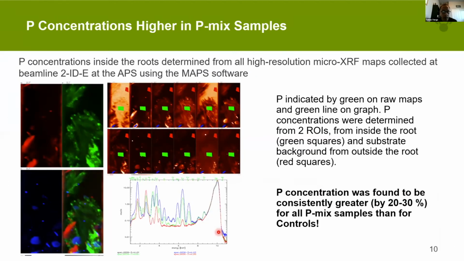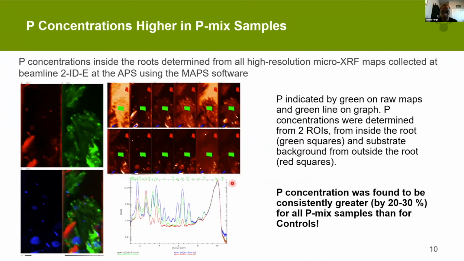Before I go there, I also wanted to report that using another beam time at the APS, Advanced Photon Source, Beamline 2-ID-E, we took a couple dozen samples or locations to get a statistically relevant picture of the phosphorus concentrations between PMIX and control samples.